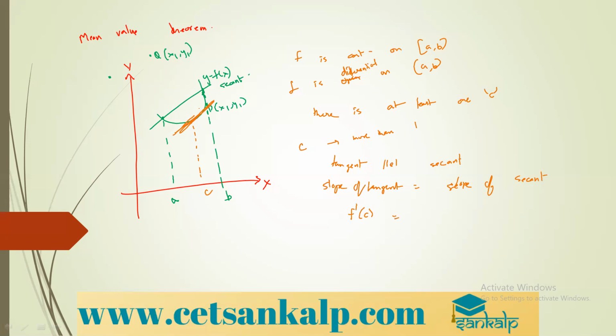Slope of secant, if you take the secant line AB, if you take this point as x1, y1 and this as x2, y2, slope of secant will be y2 minus y1 by x2 minus x1.